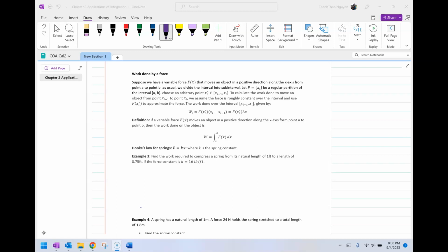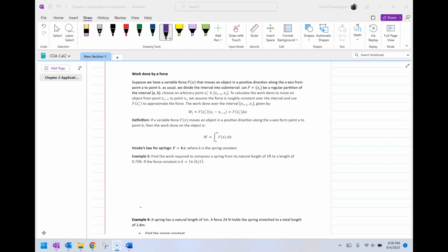Then the work done over the interval is given by f of x sub i star times the distance from x sub i to x sub i minus 1, that is delta x.